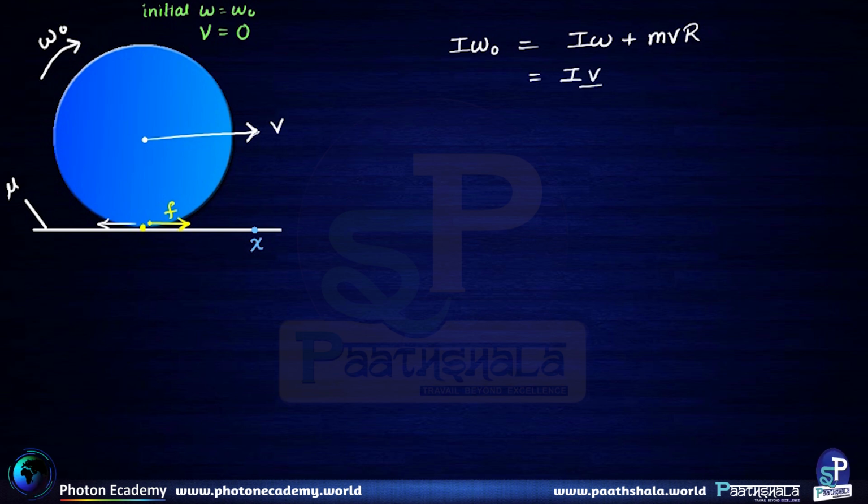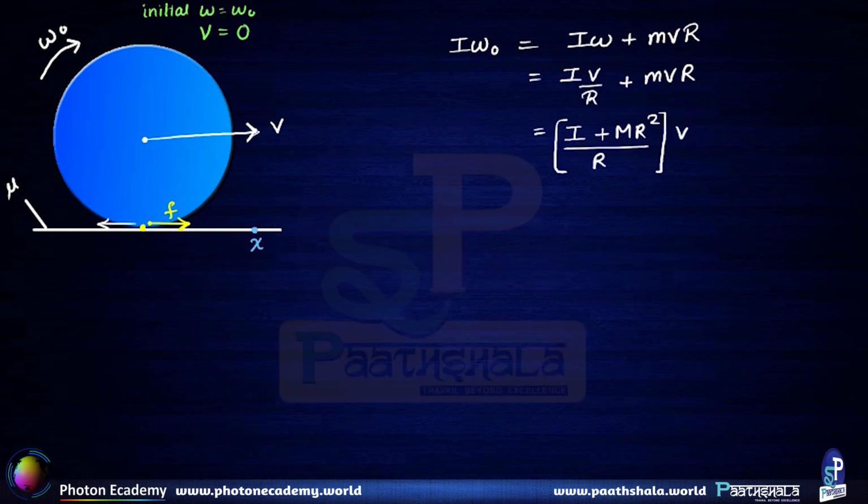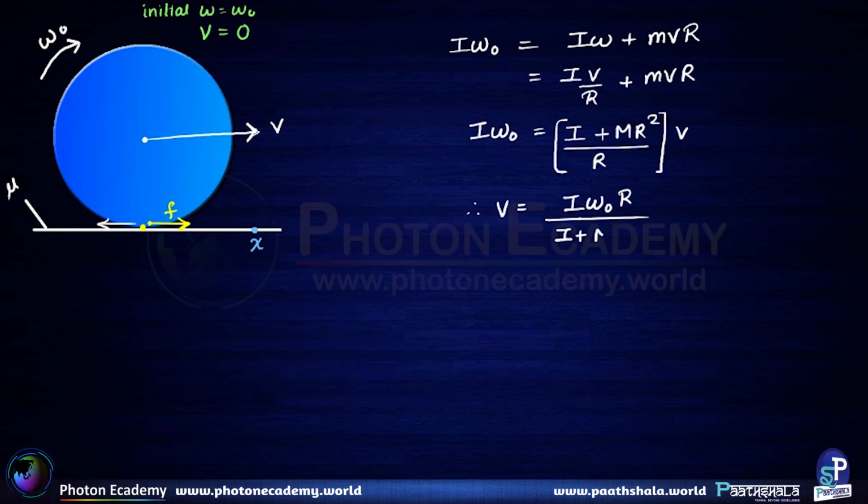So this will be I v divided by r plus mvr, which gives I plus mr square upon r whole into v. This is nothing but I omega naught. Therefore v is going to be equal to I omega naught r upon I plus mr square.